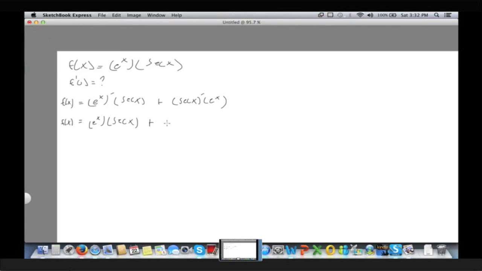Secant is cosine. Nope. Secant is secant x, tangent x, times e to the x.